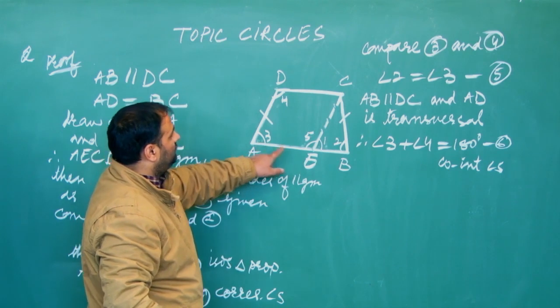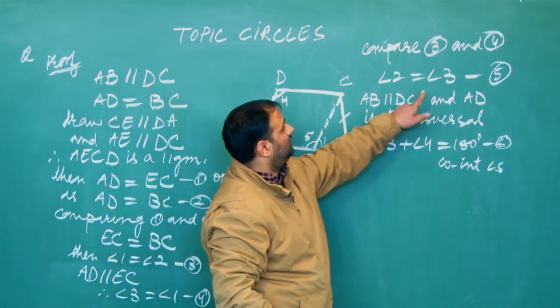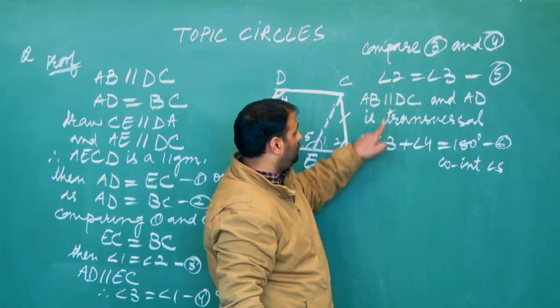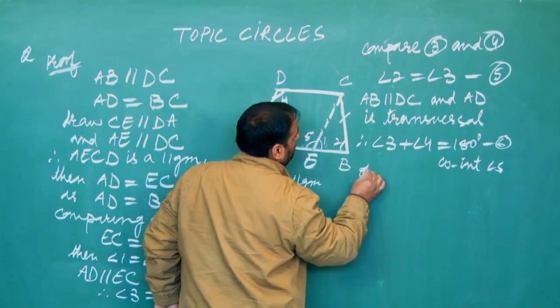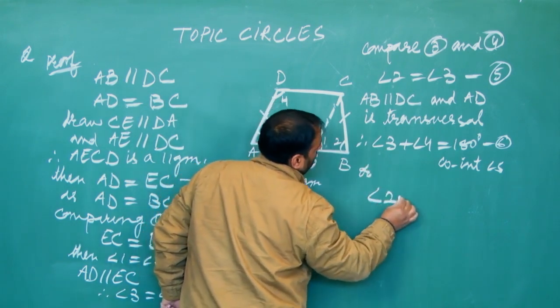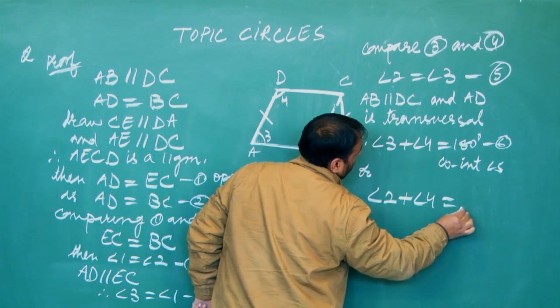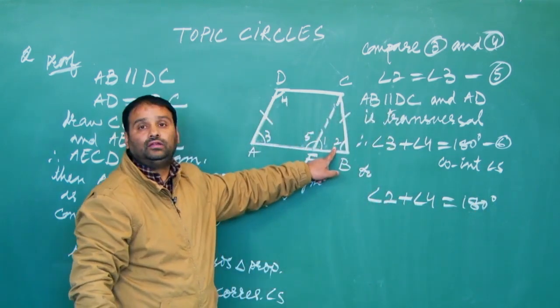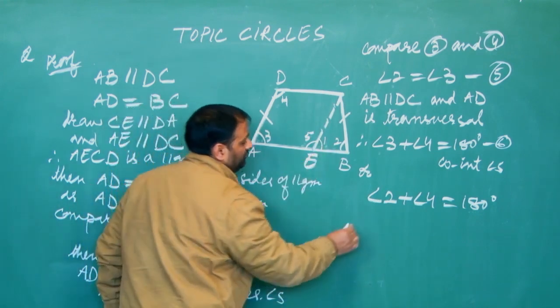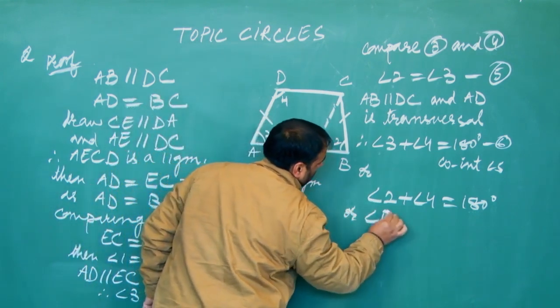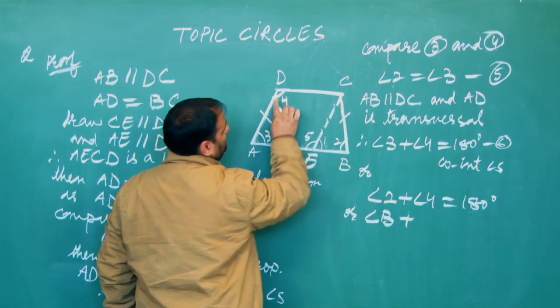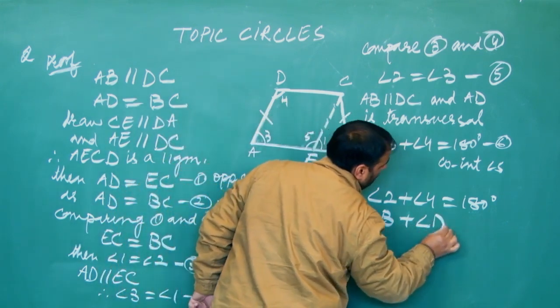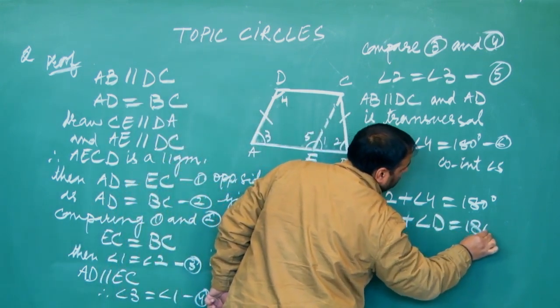Now, instead of angle 3, what can we write? Angle 2. Instead of angle 3, write angle 2 plus angle 4 is equal to 180. From the figure, you can see angle 2 is angle B and angle 4 is angle D. And what is their sum? 180 degree.